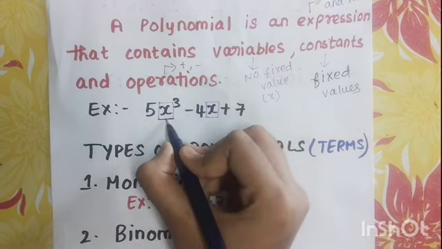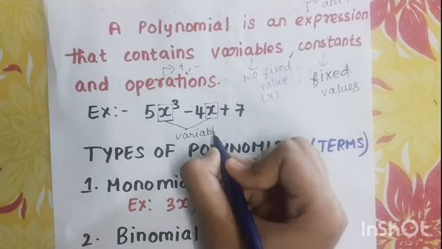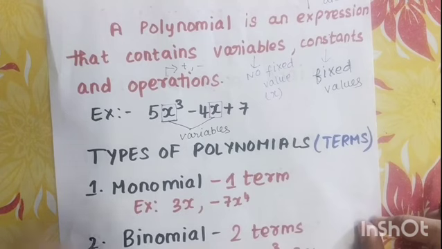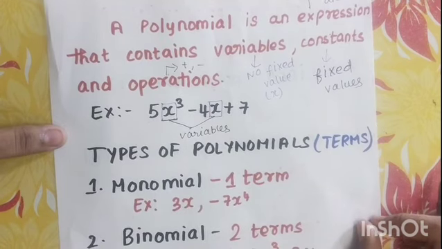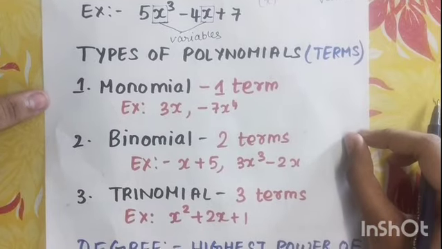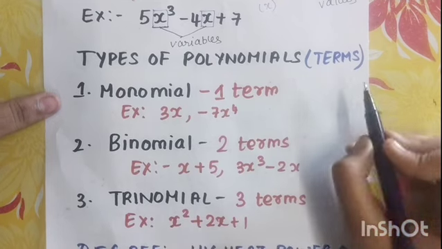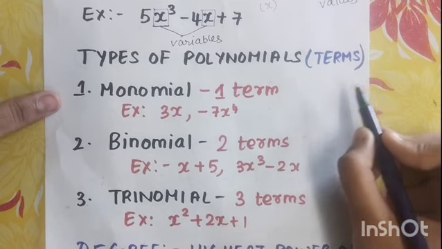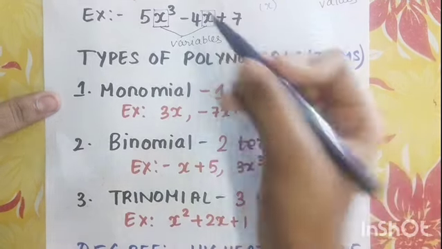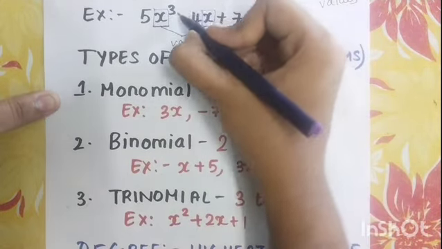All these are variables, right? So based on this we have many types. Types of polynomial based on the terms. First we have to know what we mean by terms. Here itself we'll see what terms mean.